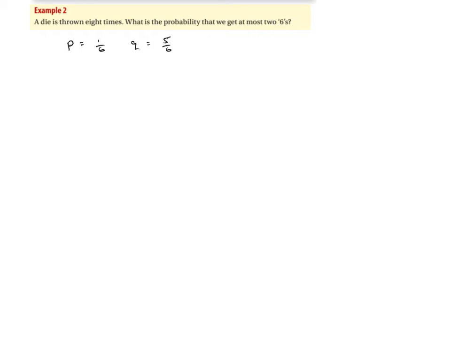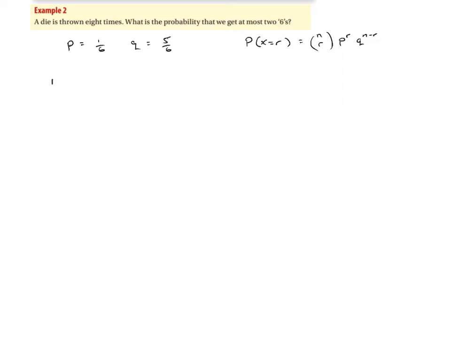The formula, if you remember rightly, is P of x is equal to r, is equal to n choose r, and then you have p to the power of r, q to the power of n minus r. And we have the probability that we get at most 2 6s, which means we can get 0 6s.